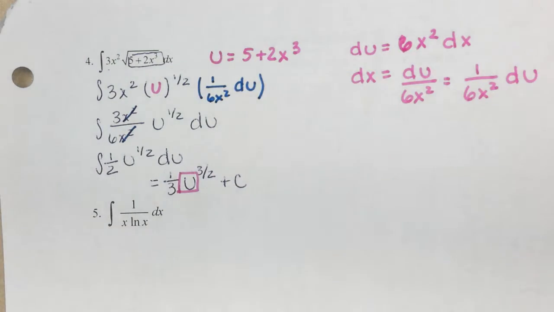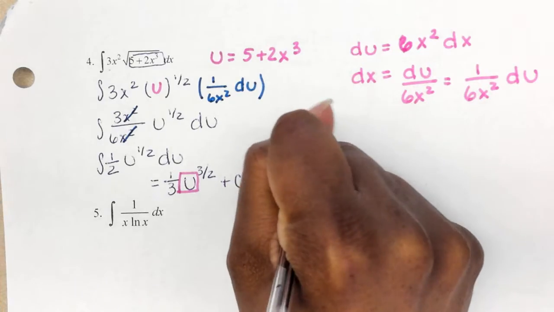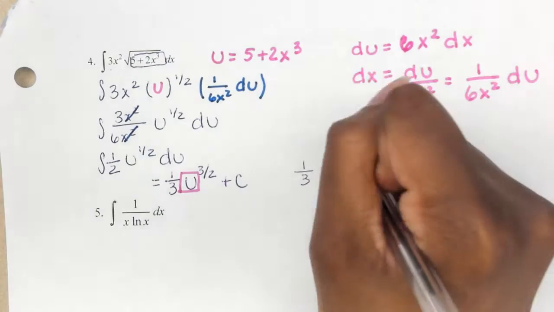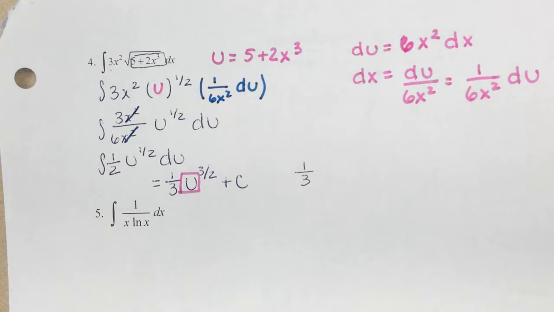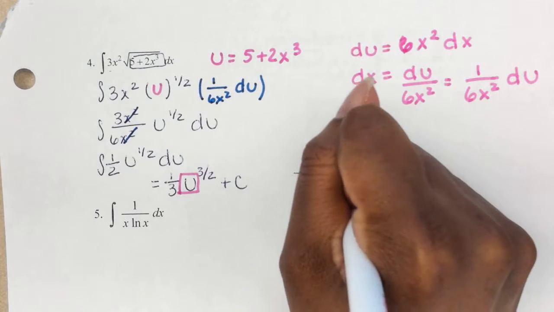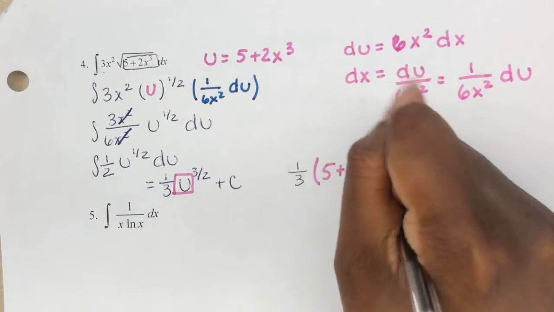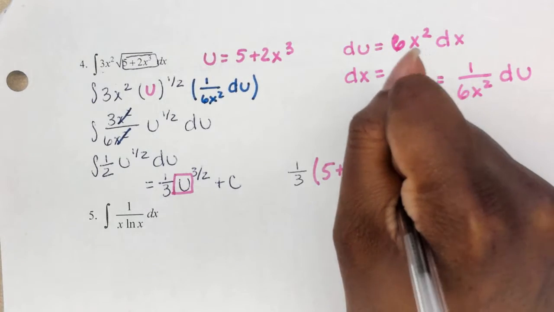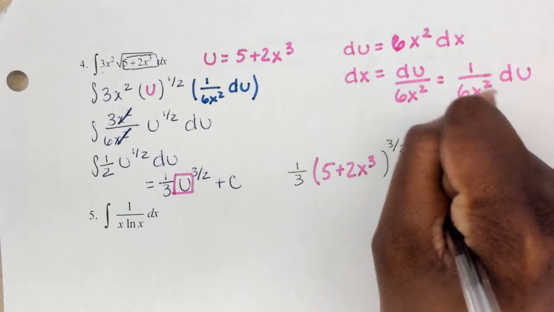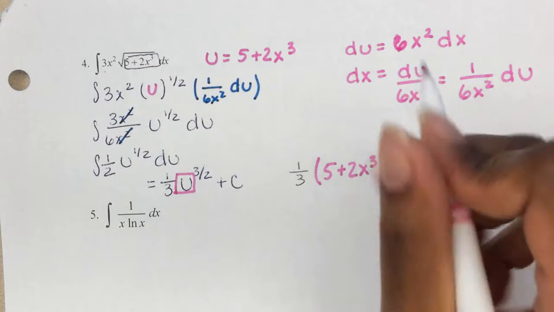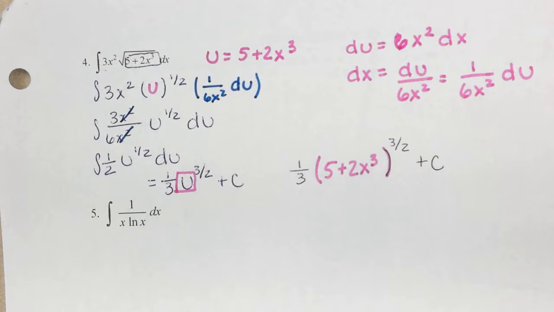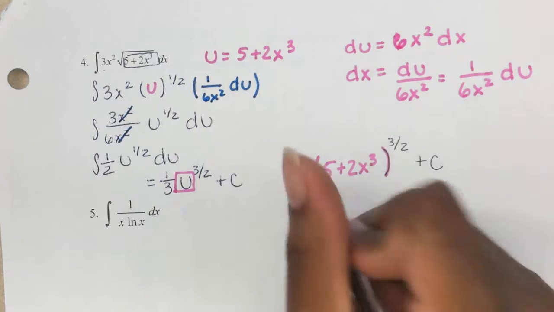So I have 1/3 times 5 plus 2x cubed to the 3/2 plus c. And that's my final answer.